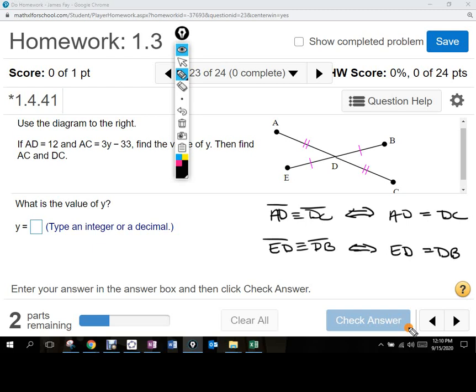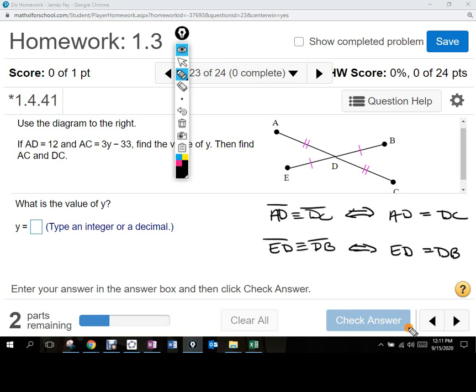I can start with the left-hand statements of congruence and it leads me to the equality statements, or I can start with the equality statements and it leads me to the congruent statement. So it's essentially a mathematical sentence that you can read left to right or right to left, and still have truths.